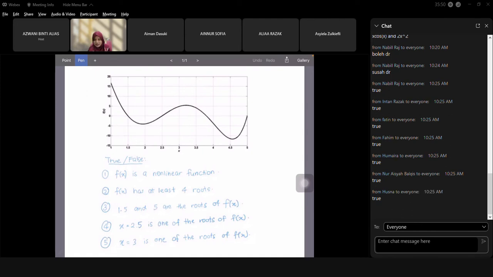Alright, thank you everyone who answered. Aisyah, why is your answer true? Why is it not a linear function? Aisyah Balkis, you can type the answer. Why do you say the statement is true? Let me help Aisyah. Why is this graph not a linear function?